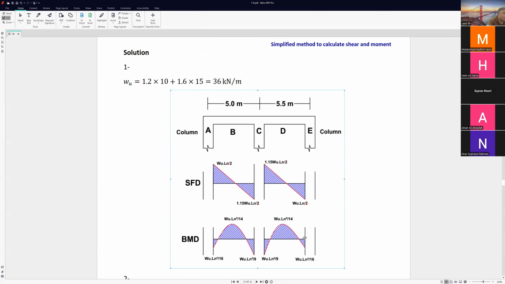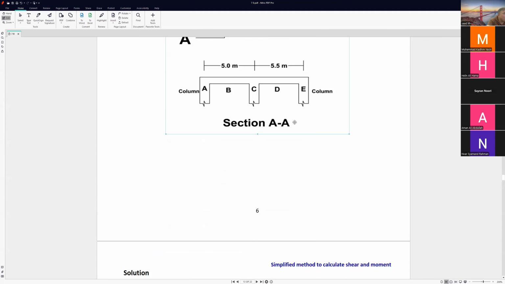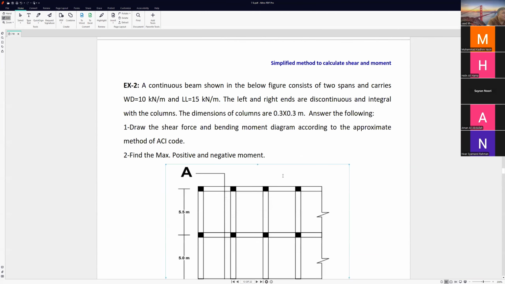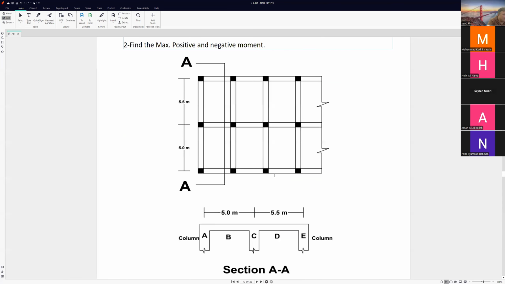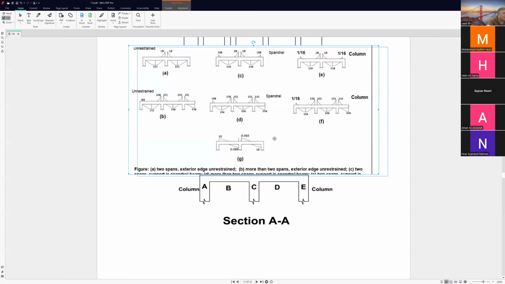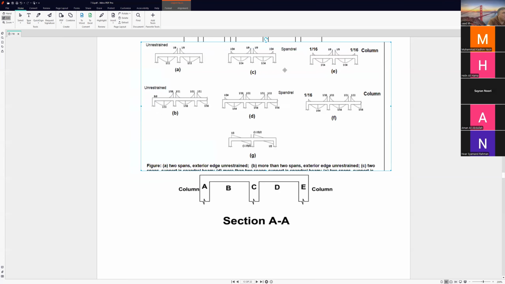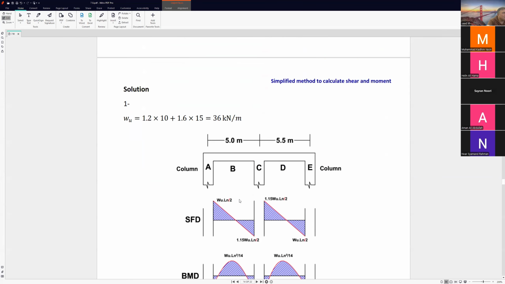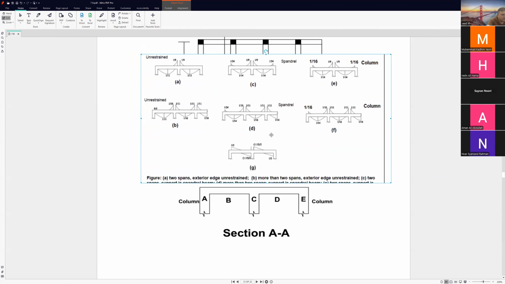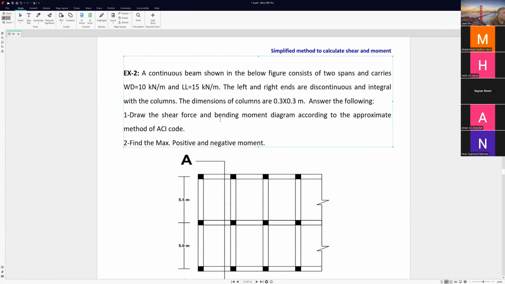Okay, what about if we have just two spans? If you have two spans, what are the coefficients? 16, 14, 9, 9, 14, 16. So what about Wu?